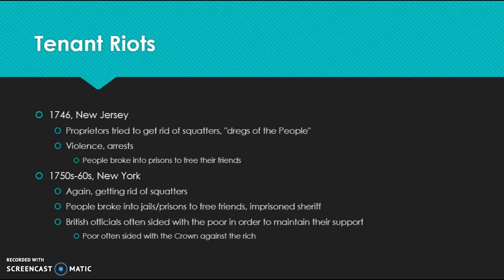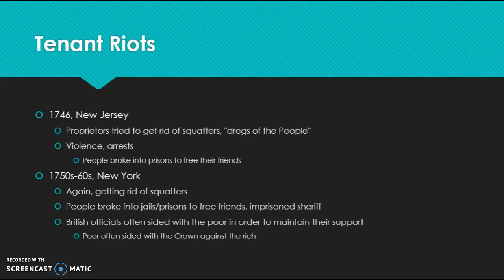This part is interesting because this is when you start seeing colonial powers and English powers have a different reaction to this. The colonial powers are the wealthy men who are trying to remain in control or trying to take control of the colonies. The British officials, in order to try and get some of the population on their side, side with the poor.